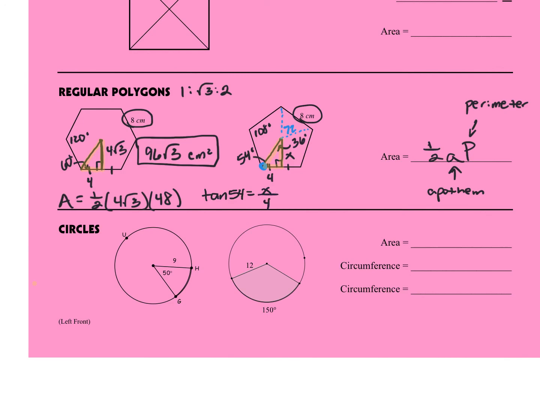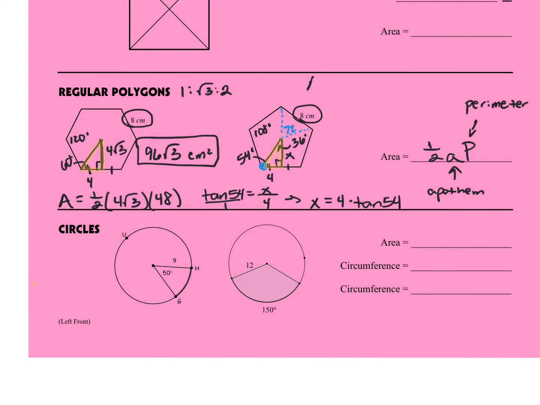That means that I can cross multiply this just like we did back in chapter 8. So my apothem of X is equal to 4 times the tangent of 54. Remember, we don't want to type that in our calculator and get the decimal right now. We want to keep this beautiful expression right here. To find the area, we're going to use that.